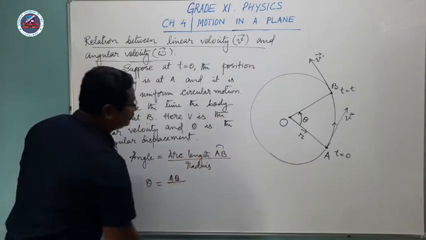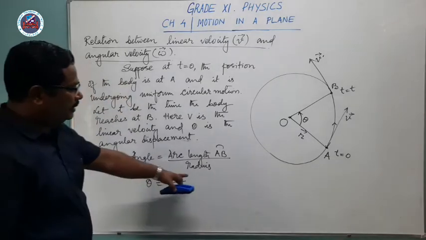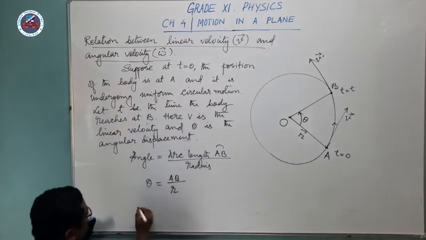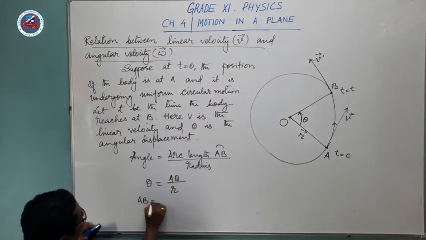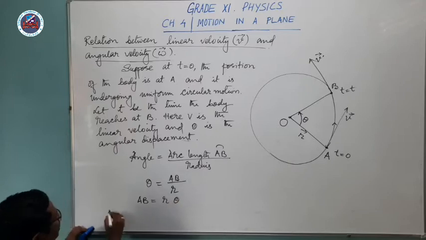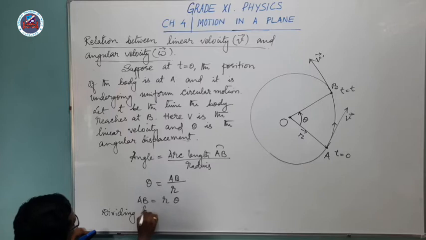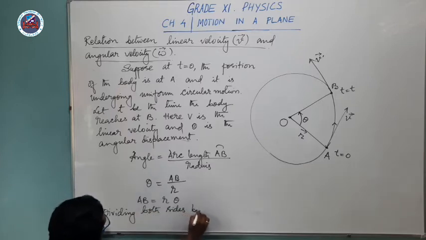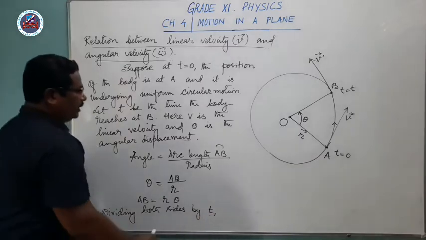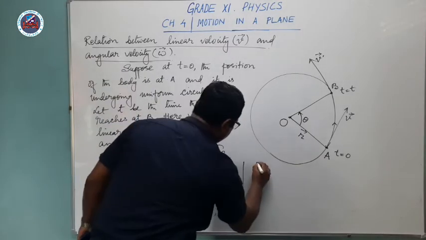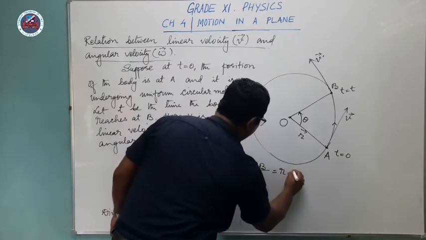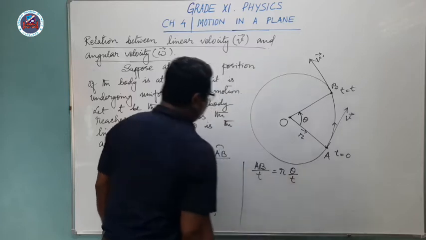So AB is equal to r theta. Dividing both sides by t, we get AB divided by t is equal to r theta divided by t.